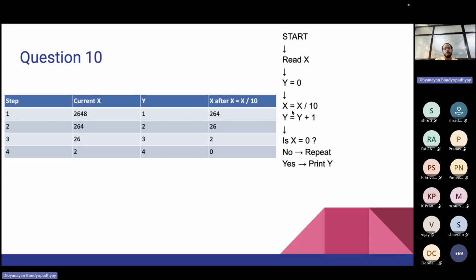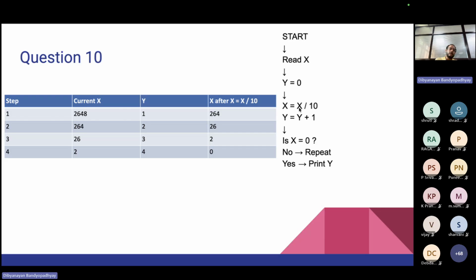There are two things going on if you see carefully. One is the body of the program, where you keep on dividing x by a number and assigning the new number to x. At the same time, you have one variable to keep track of how many digits you have calculated till this point. At the first point, the number of digits was 0, and the actual value of x was 2648.